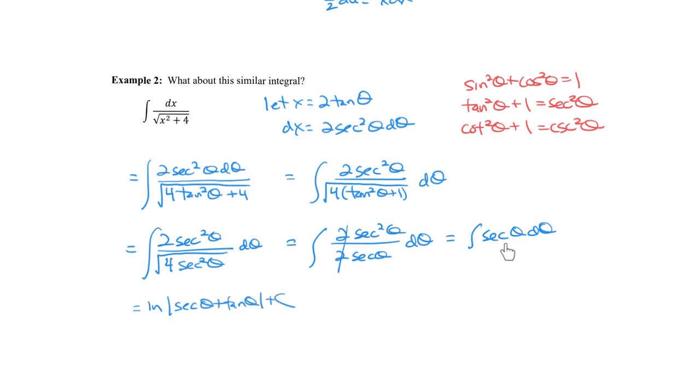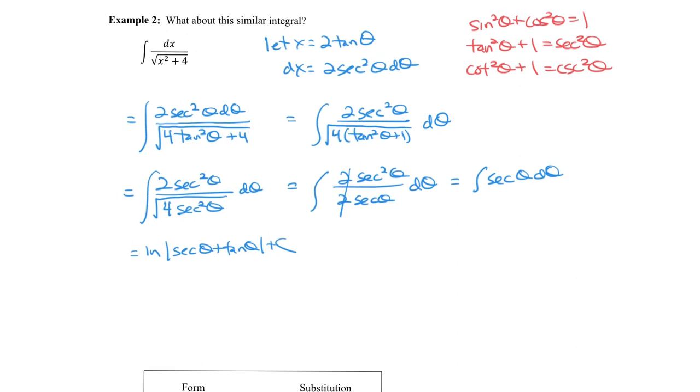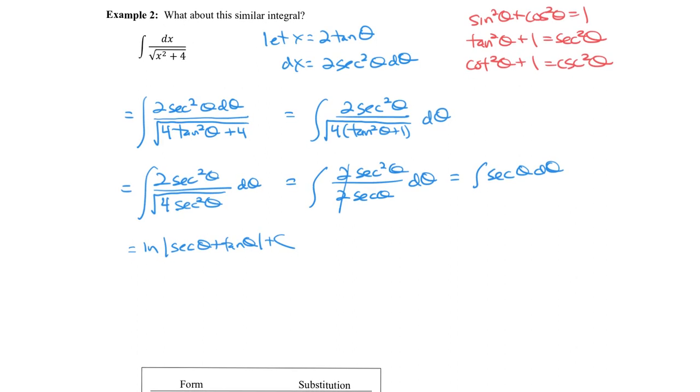Right? So we know the answer to this. And now the last thing we just have to do is look back to the original question. The original question was all x's, right? No thetas.